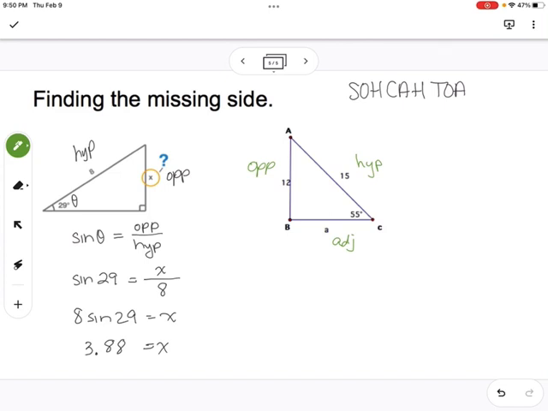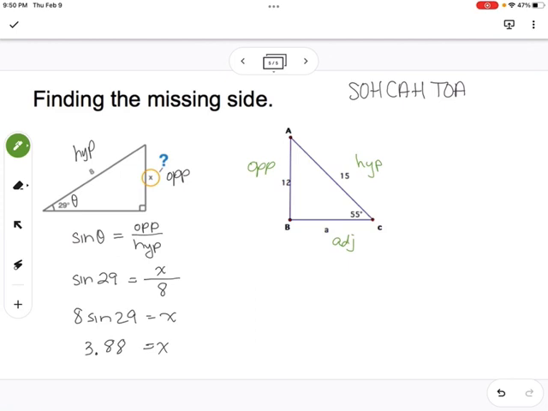Okay. So we can solve this two different ways. When we use our two different trig ratios, we're still going to end up with the same answer for A. If we don't, then we did something wrong.